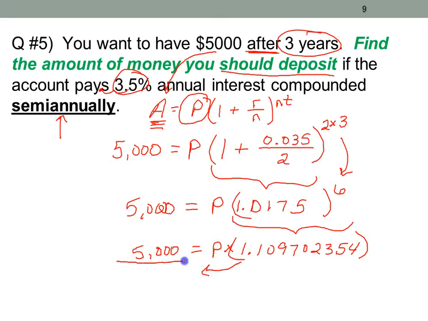If it's times, we have to take 5,000 and divide by this long decimal. That's going to get P by itself. So if we want 5,000 in the end, how much do we have to put in? We'll type this in your calculator if you haven't already. 5,000 divided by our decimal. We will have to put in the bank $4,505.71.